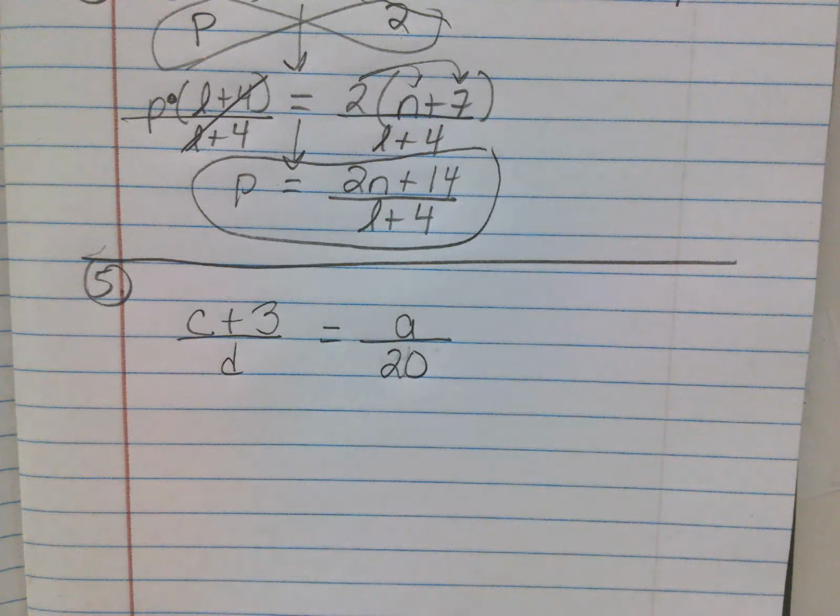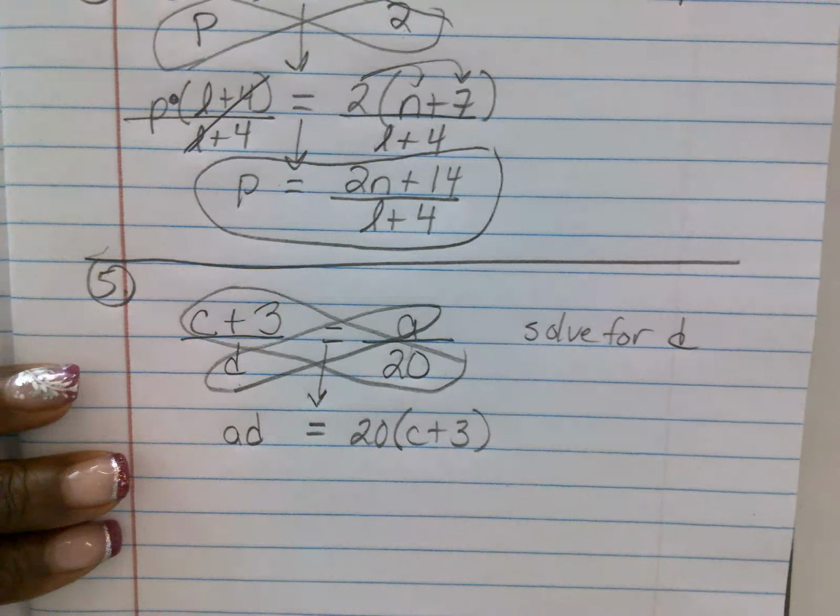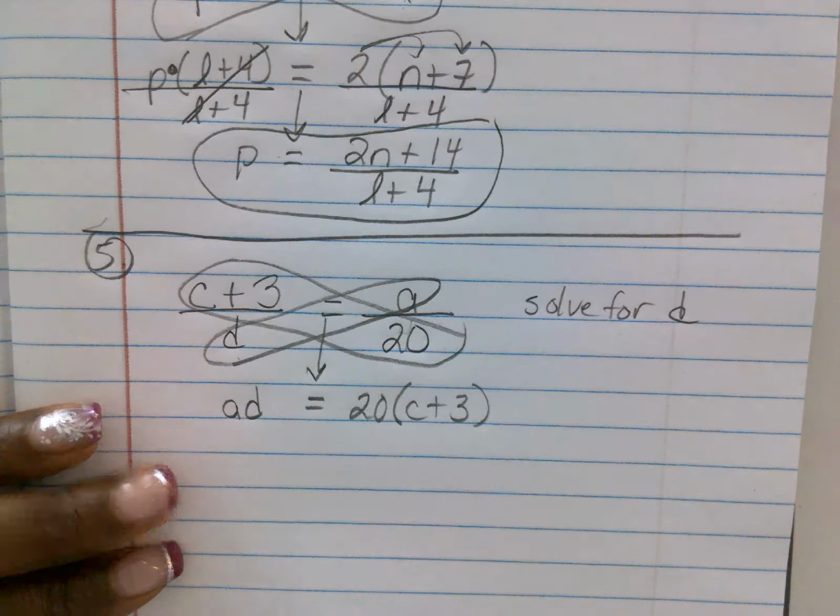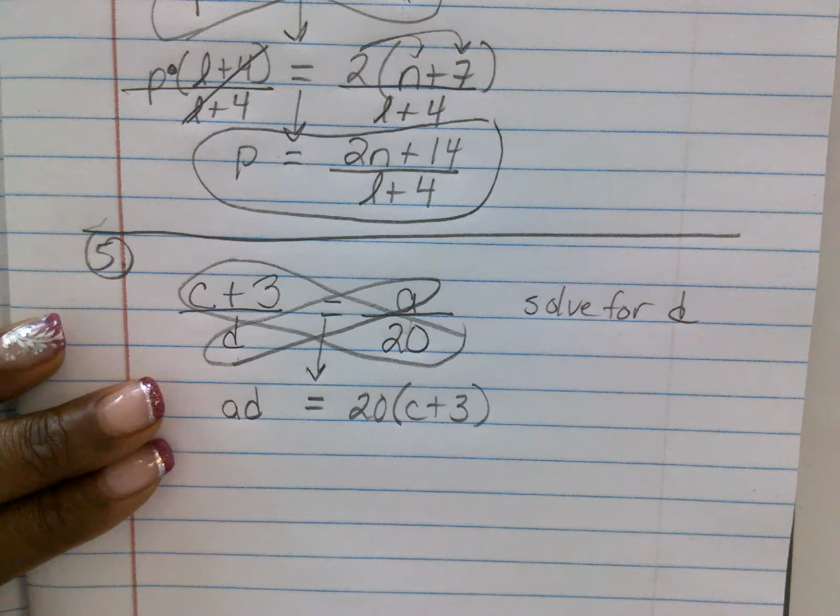So we have D times A. We're going to say alphabetical order, A, D. And then we have 20 times C plus 3. We're solving for D, okay? So how do we get D by itself? Yes. Divide both sides by A. So when I divide A divided by A, that gives me 1D on this side.